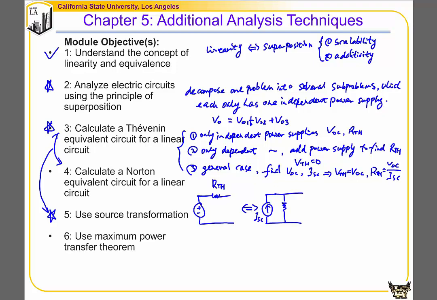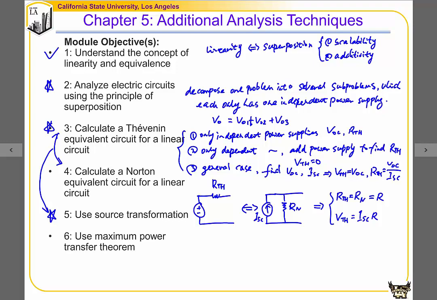This resistor is called a Norton equivalent resistor, Rn. And if that holds, it implies that RTH is equal to Rn, which is equal to R, and at the same time VTH is equal to ISC times R, so that you can convert one type of power supply to another.